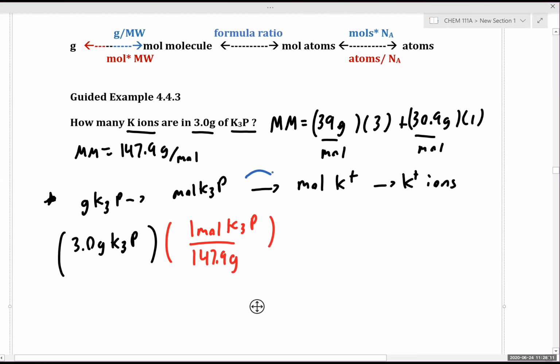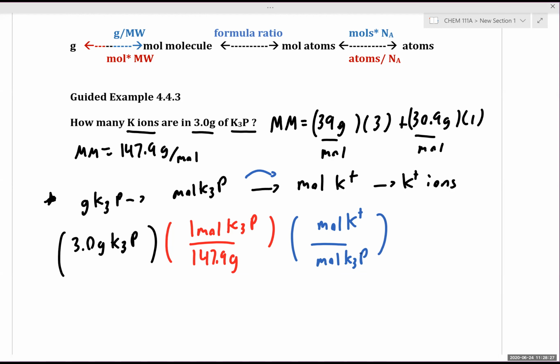Now, to go from moles of potassium phosphide to moles of potassium, let's answer the question, how many moles of potassium do we have per mole of potassium phosphide? What is our mole to mole ratio?